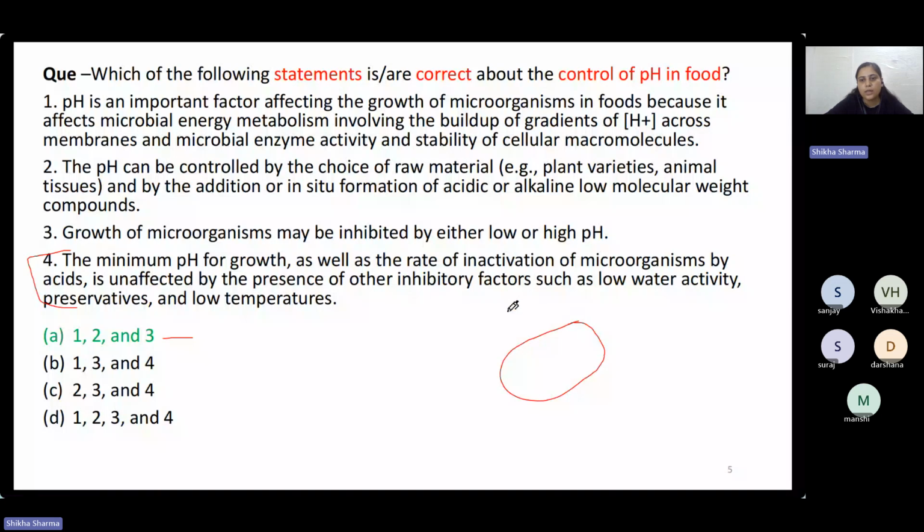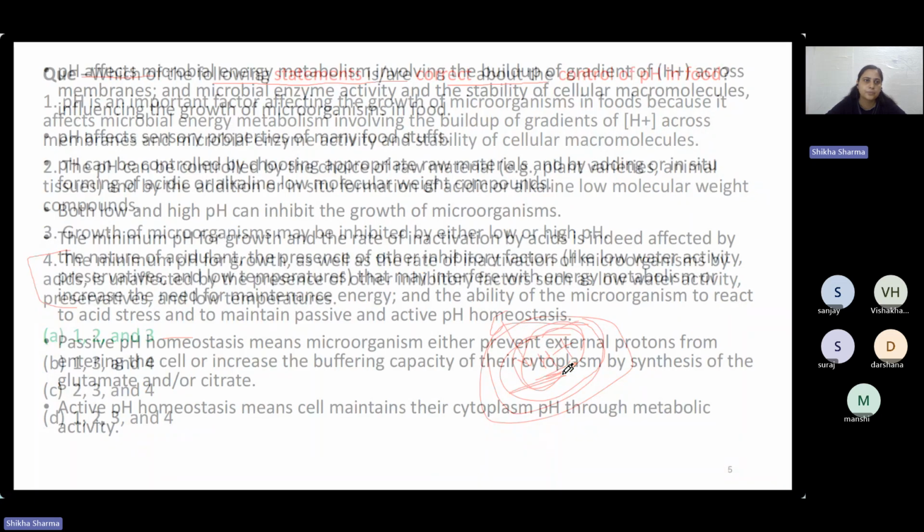If there is a very low pH and H plus ions leak into the microbial cell, the microorganism will try to maintain the homeostasis condition, to neutralize this acid and maintain the pH inside the cell. Because of that, it needs some energy also.